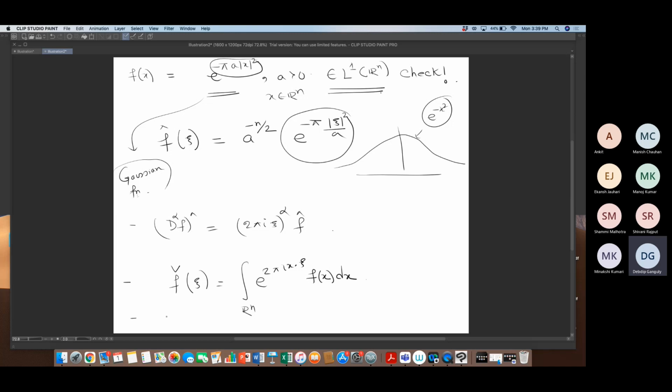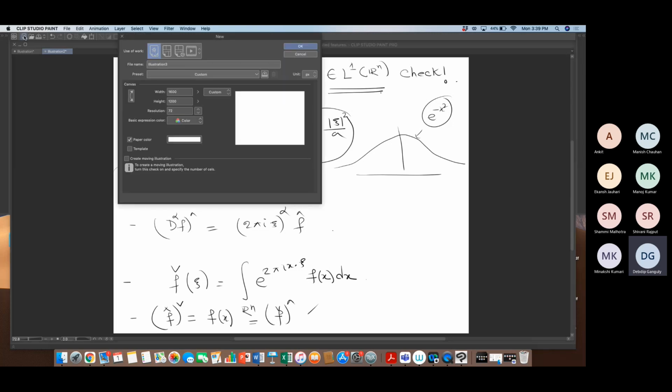I have asked you to check that if you take the inverse Fourier transform of the Fourier transform, you get the function f(x) itself, and likewise the other way round. These are the properties we have used.